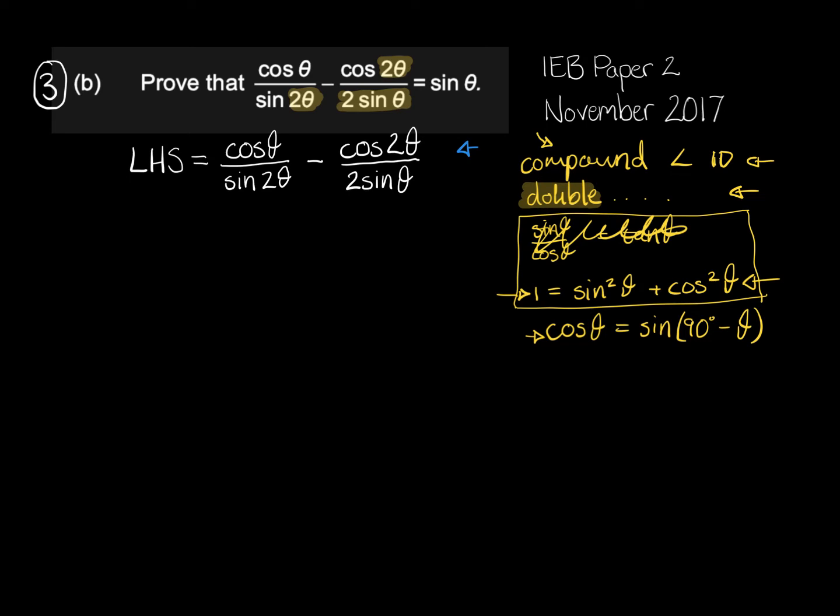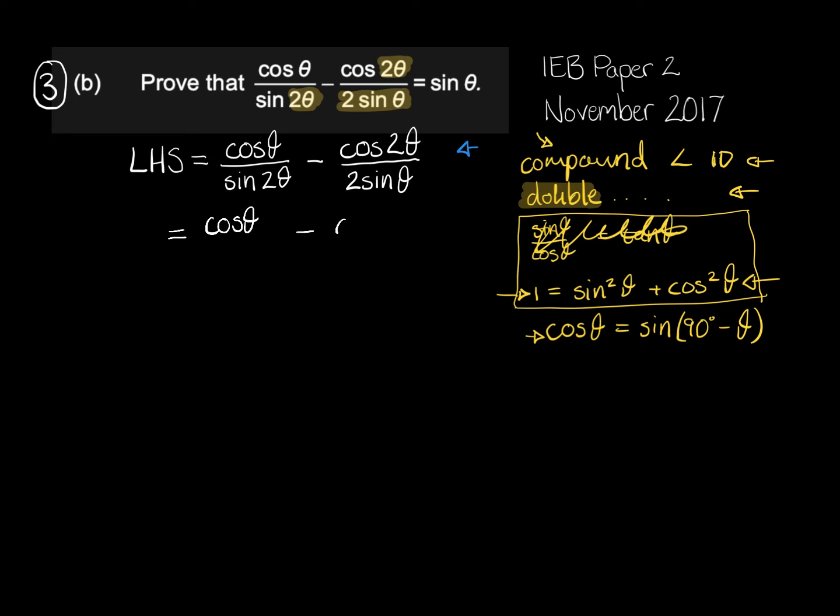And now the other question that comes up is, how do I know which side to work with? Do I work with the left side or the right-hand side? It's always easier to work with the side that looks the most complicated because you can do the most with it. Generally, that is the left-hand side. Now, I tend to move through these questions quite carefully and slowly by only changing one thing at a time.